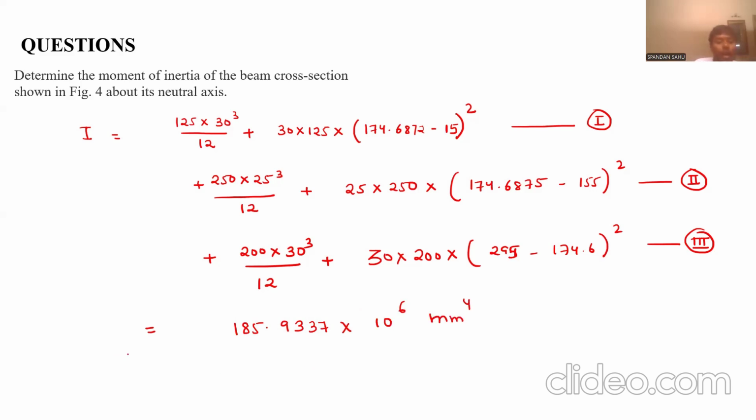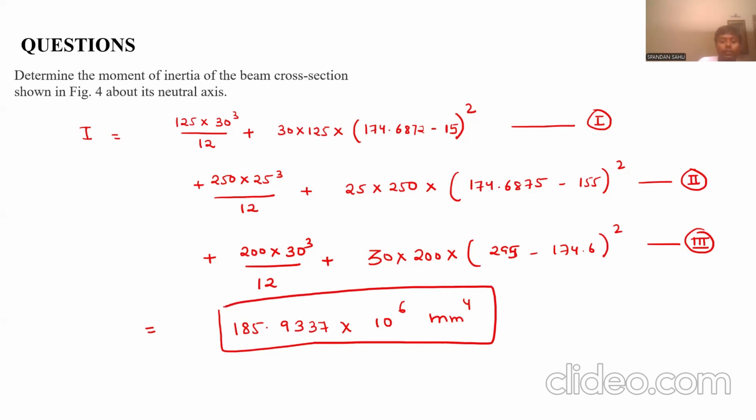So this is the I value you are getting. This is the moment of inertia you will get for that given I-type cross section. Now just write it down and please let me know if there is any issue. If there is no issue, then we will proceed further to the next question.